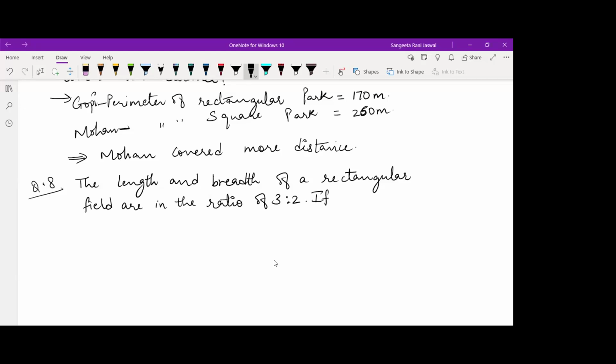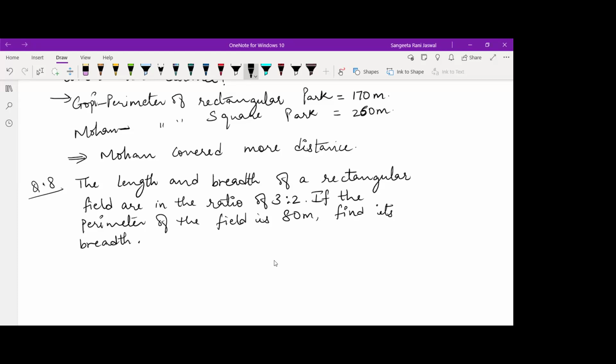If the perimeter of the field is 80 meters, find its breadth. The perimeter is given as 80 meters, you have to find the breadth.